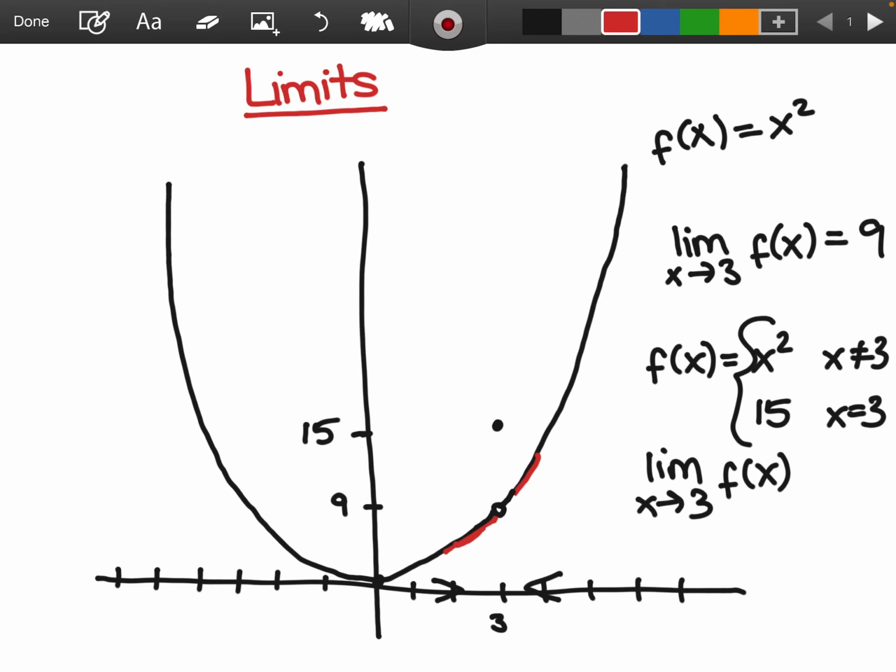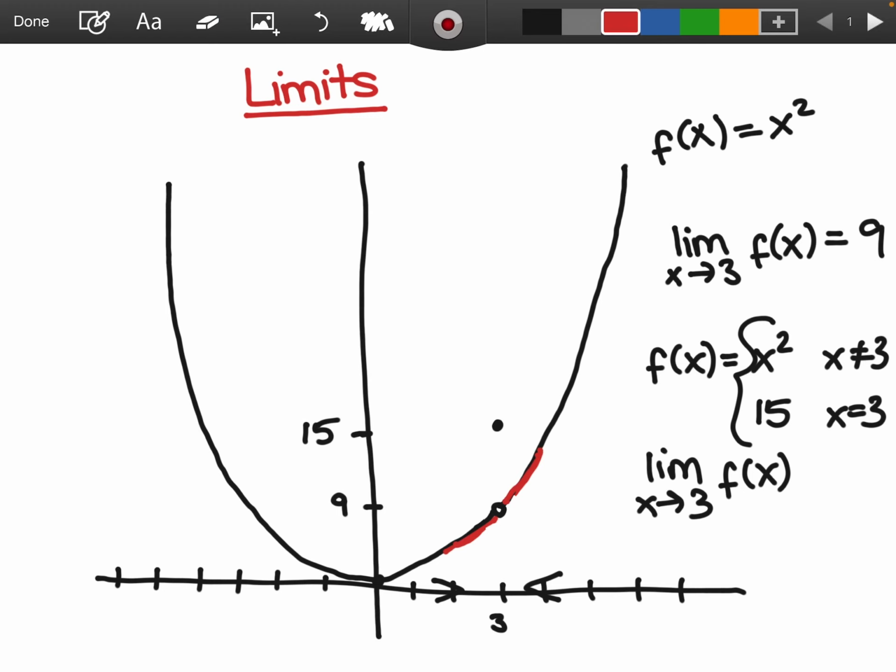Okay? It doesn't approach 15. 15 is this one discontinuity that happens at a point. But still, for my regular function, as x gets closer and closer to 3, my function value still approaches 9. The same happens when I approach x is equal to 3 from the right.